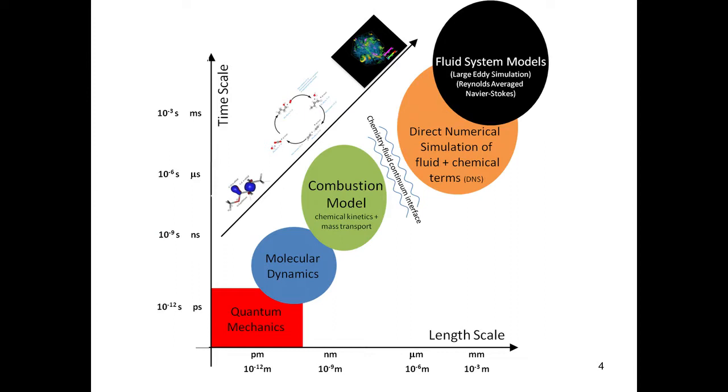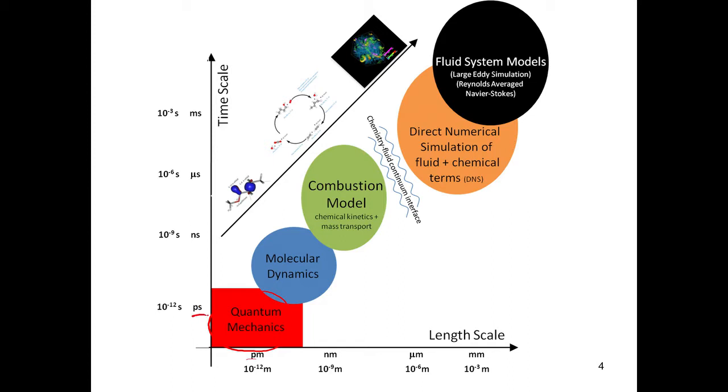And this is what I was talking about, that it involves different kinds of time scales and length scales. The electronic rearrangement is governed by the principles of quantum mechanics, and that happens on the order of picoseconds and picometers.